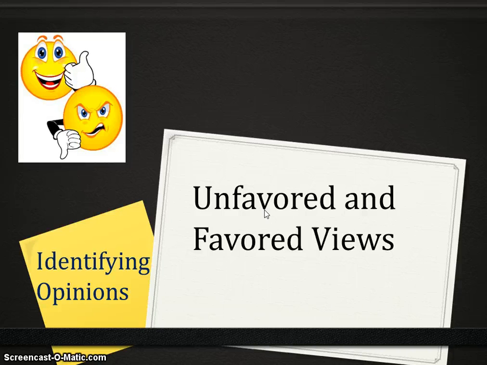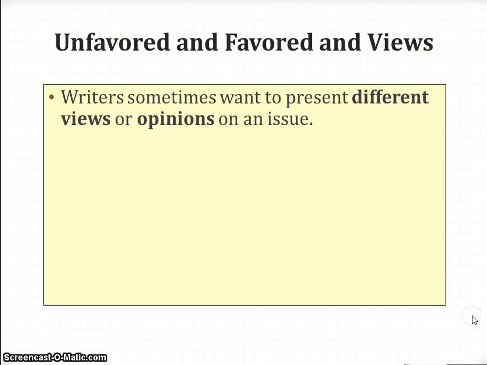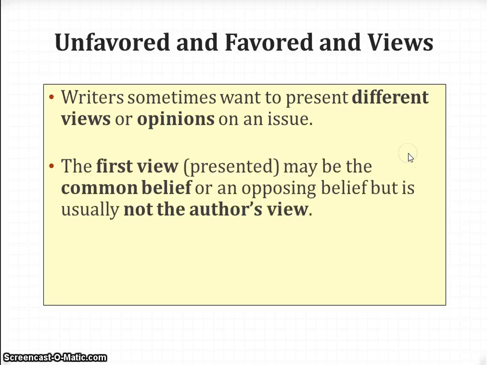When authors write, they often have a favored view, but sometimes they also tell us the opinions they do not agree with. That is an unfavored view. This is the way writers present different views or opinions about an issue.